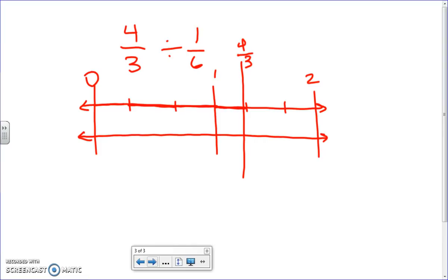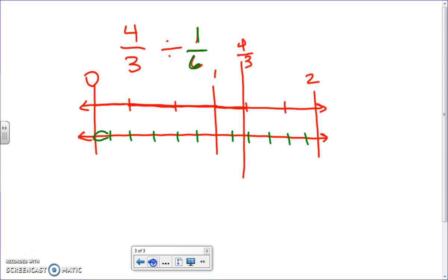On the bottom number line, we're going to represent 1/6. So instead of dividing it into thirds, we're going to divide it into sixths. I'm going to try to do that the best I can here. Okay, and so I need to know how many 1/6 pieces fit into 4/3. So 2/6 would be every 2 gaps, 3/6 would be 3 gaps, but this is just 1/6.